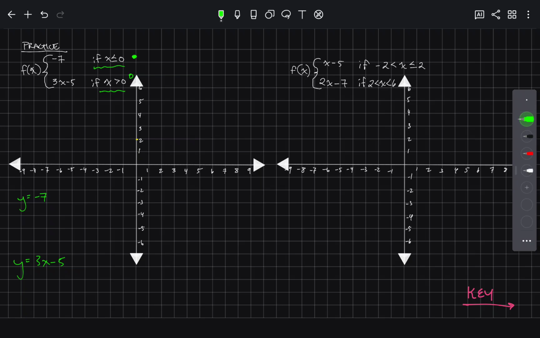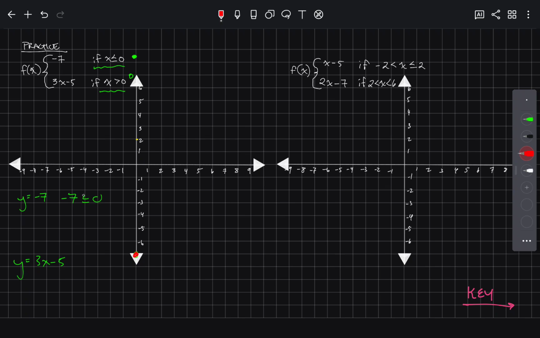So what we're doing right now is we're filling in the value of negative 7. Because that's telling us y equals negative 7. So here that is down there. Use a different color. It is down there. Y equals negative 7.